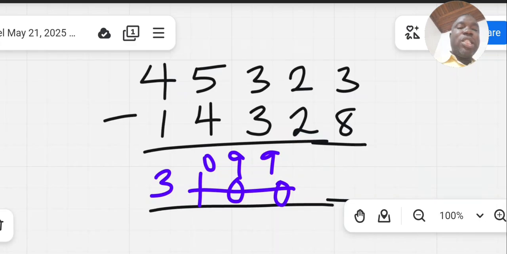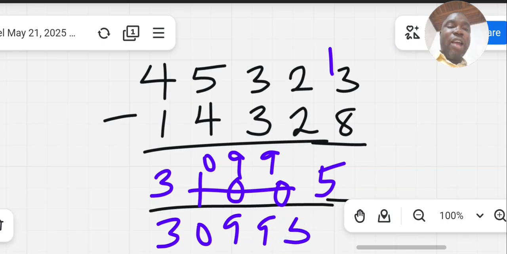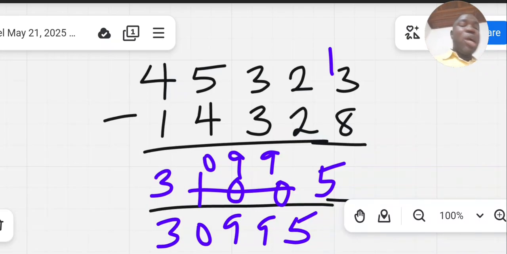So you take that 1 to this 3, that's 13. 13 minus 8 gives you 5. So the answer becomes 30,995. So with this, it becomes easy to actually subtract without going through too much stress.